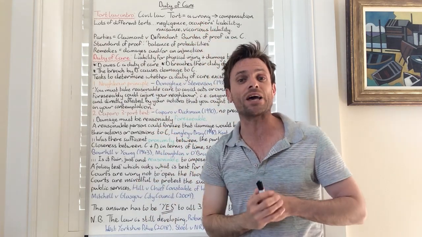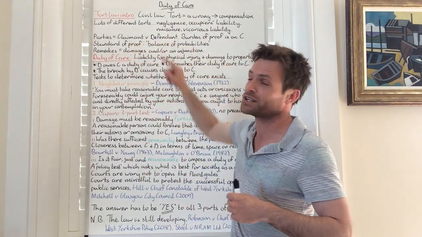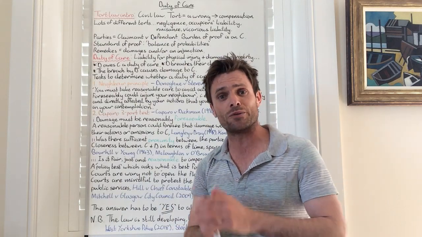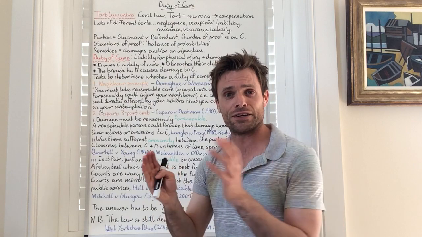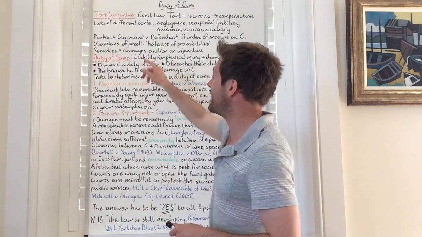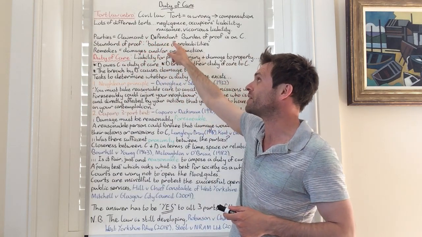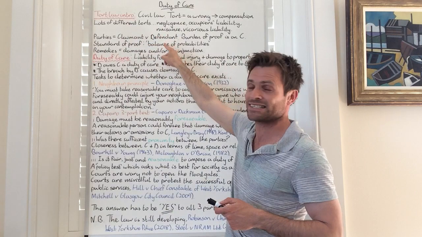Now, the parties involved in a tort case are the claimant versus the defendant, which is a little different from a criminal case, where you've got the prosecution and the defence or the defendant. Here, in a civil tort law case, you've got claimant versus defendant, and it's the claimant that's making the claim against the defendant.